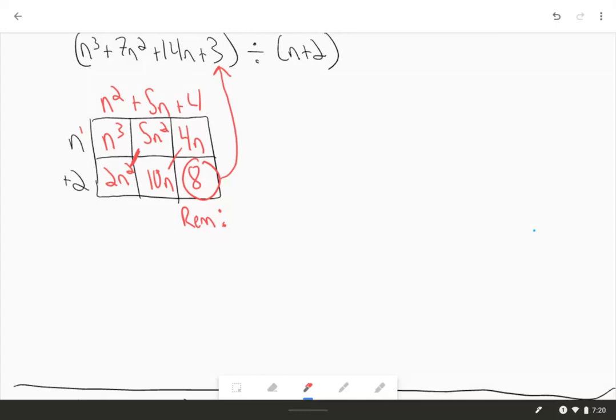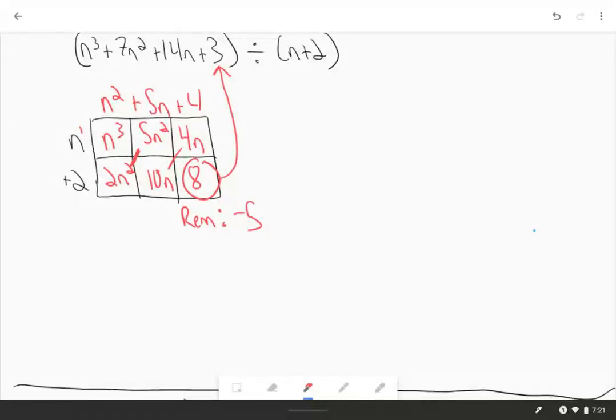So to go from 8, the constant term I got, to the constant term I need of 3, I have to go down by 5. That means my remainder is actually going to be negative 5. Yes, you can have a negative remainder. I have to go down by 5 to get the correct constant term.